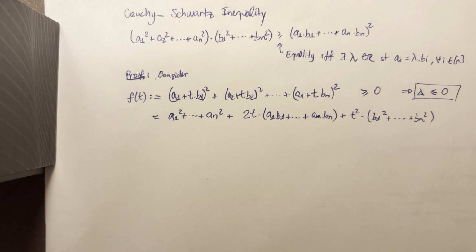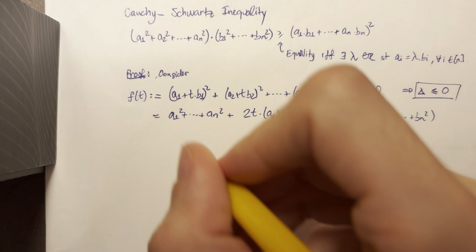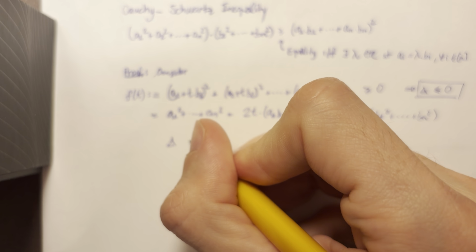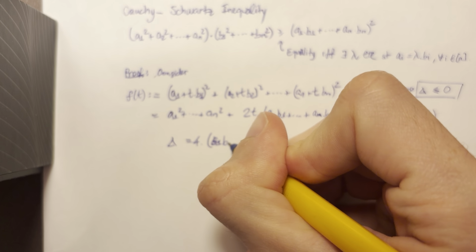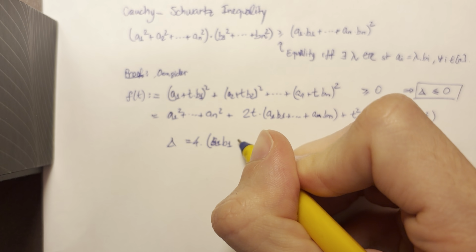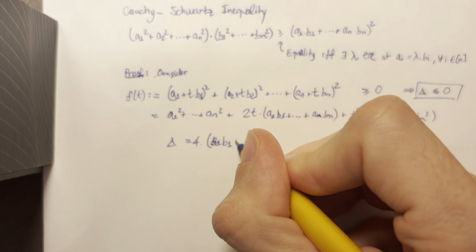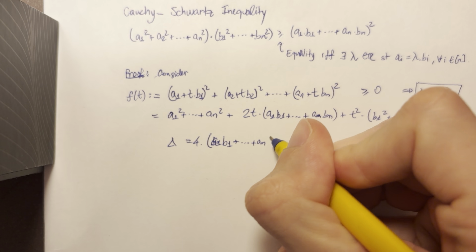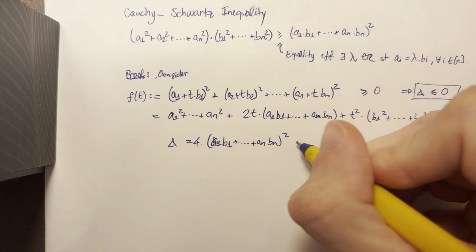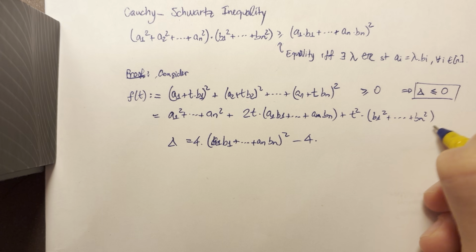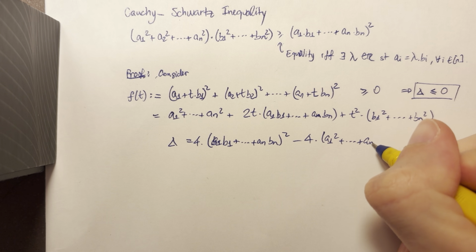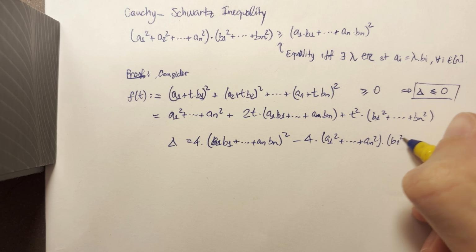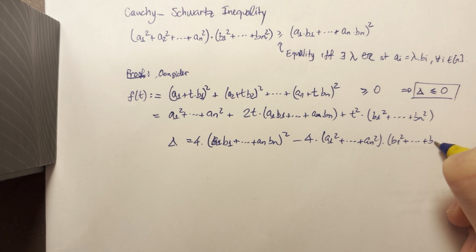So this is great, and now we know really well how to compute the discriminant, which is 4 times (a1 b1 plus etc. plus an bn) squared minus 4 times (a1 squared plus etc. plus an squared) times (b1 squared plus etc. plus bn squared).